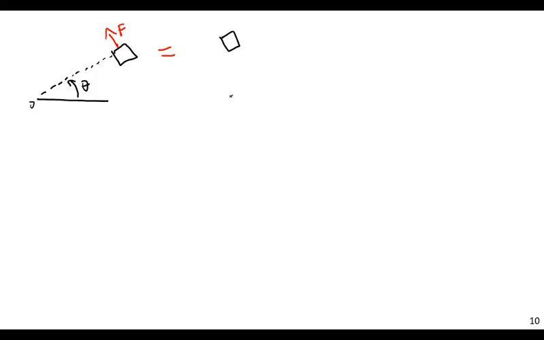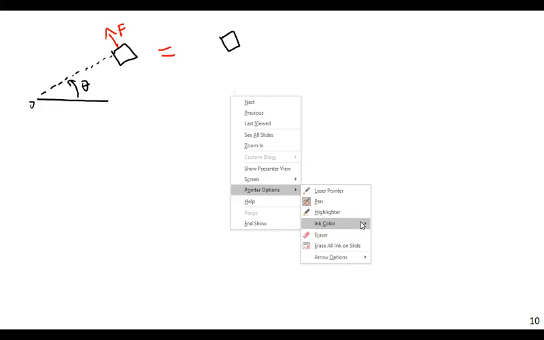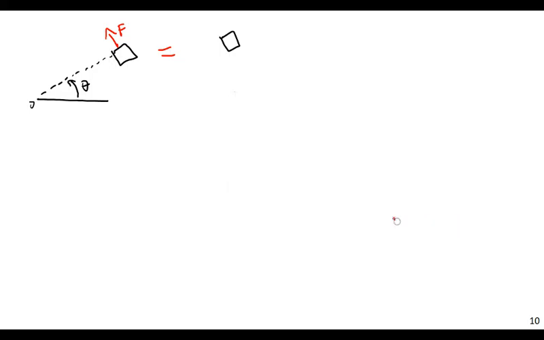This must be equal to the inertial diagram, or the kinetic diagram, which will be MAR and MA theta, the radial and transverse components.